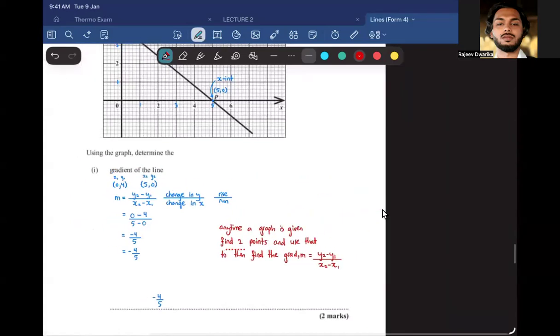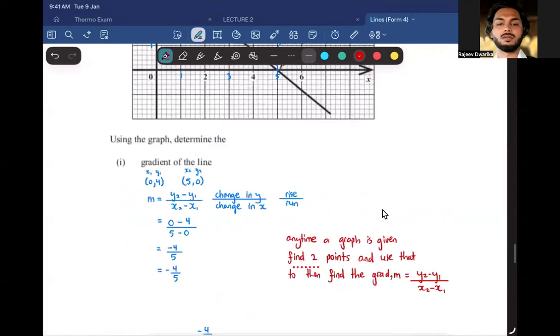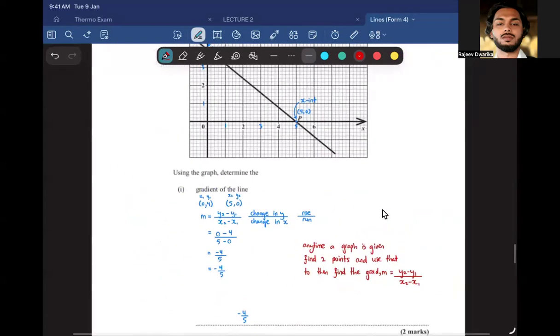All right, so is everybody okay with this type of question? Anytime you're given a graph, just find 2 points and then use m is equal to y2 minus y1 over x2 minus x1. That's it.